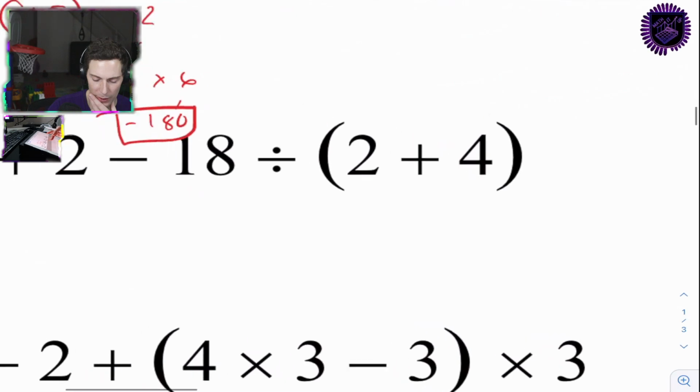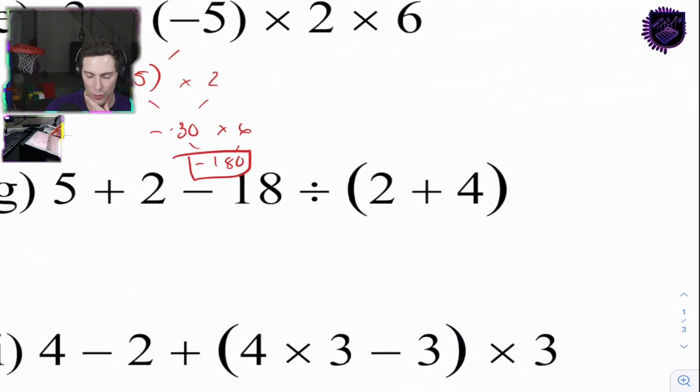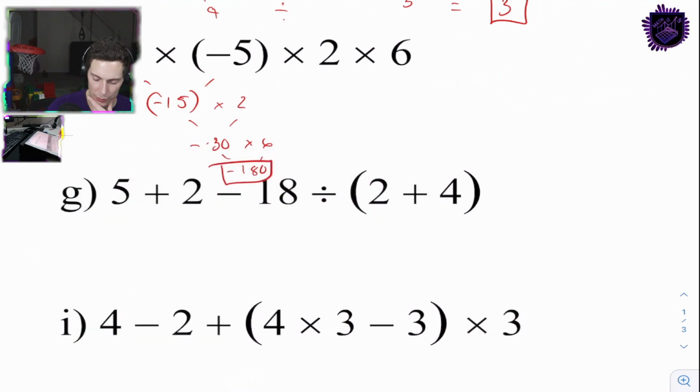Okay, so we got 5 plus 2 minus 18 divided by 2 plus 4. Okay, so we go these two first. That's going to be 6. And then we're going to drop down 18 divided by 6, and that's going to be 3.